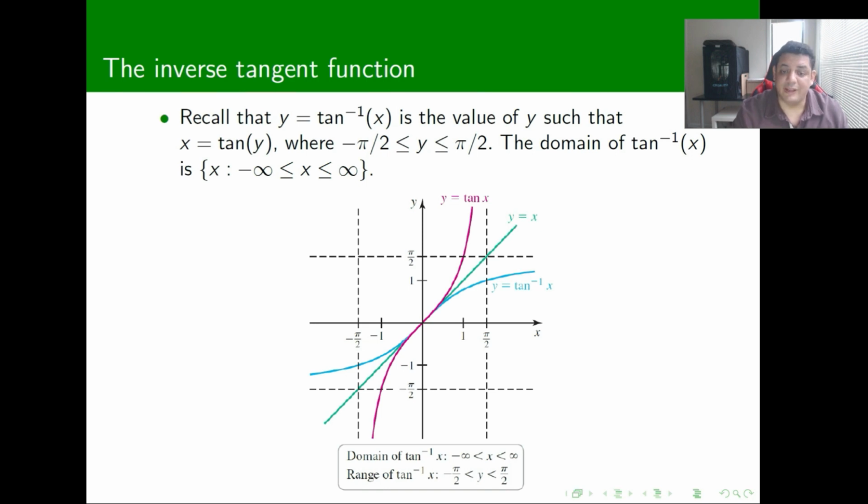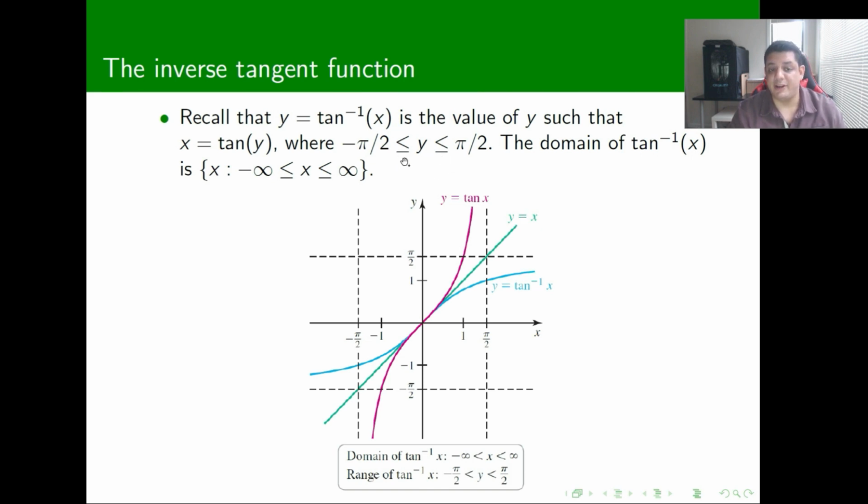Notice that we do exactly the same thing. We have y equals tangent to the minus 1 of x. Since we don't have a relationship that we can exploit in there, what we do is we use the inverse relationship. We set up x as tangent of y. And so that's going to give me a lot of information on the domain.